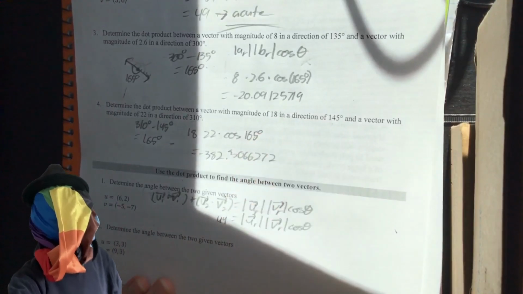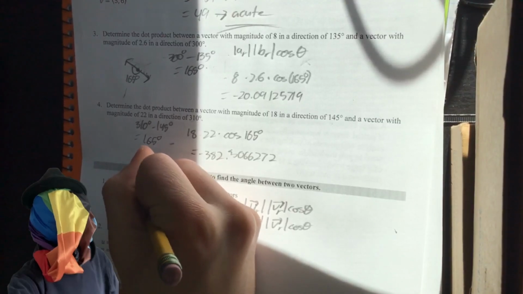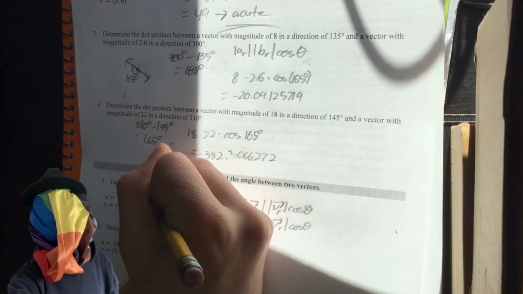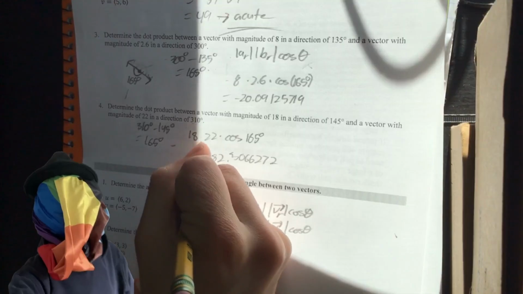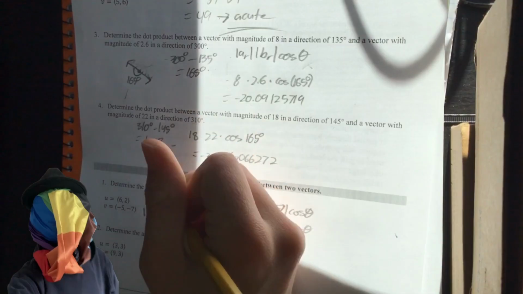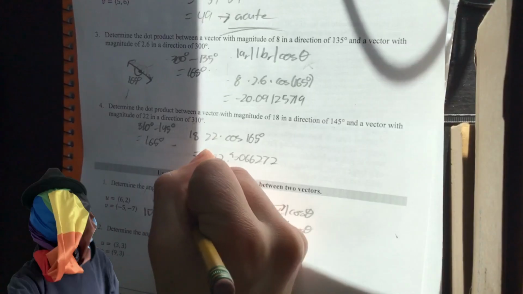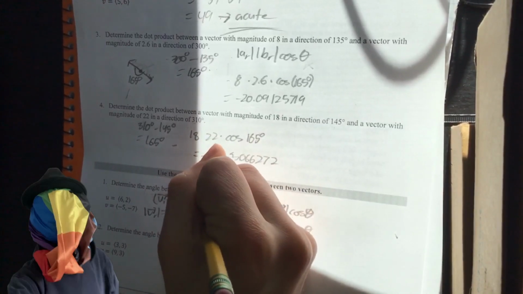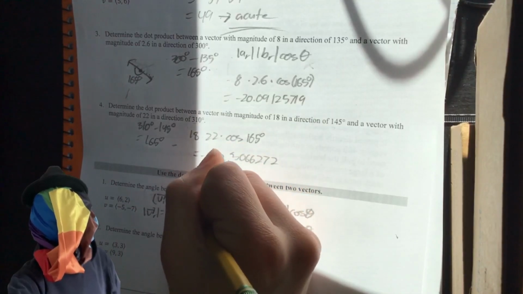So we can actually calculate these two magnitudes. The magnitude of u equals square root of 6 squared plus 2 squared, which is equal to the square root of 40.